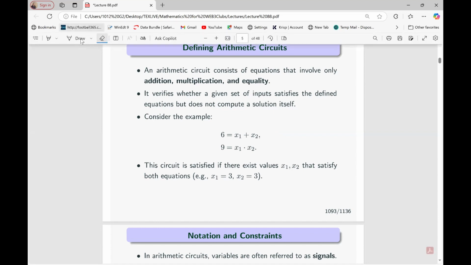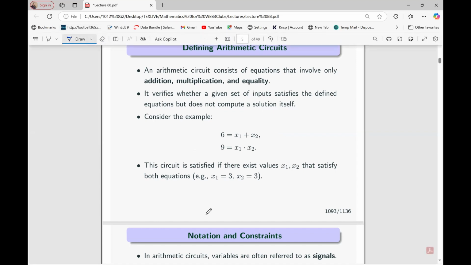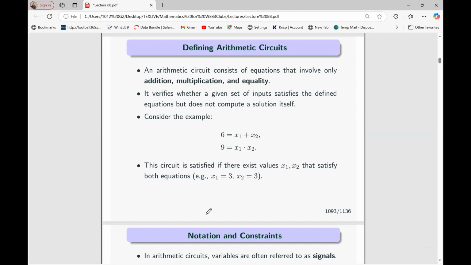Now, for instance, considering the equations here, this is an example of an arithmetic circuit. So what could be the values of x1 and x2 that will satisfy this equation?